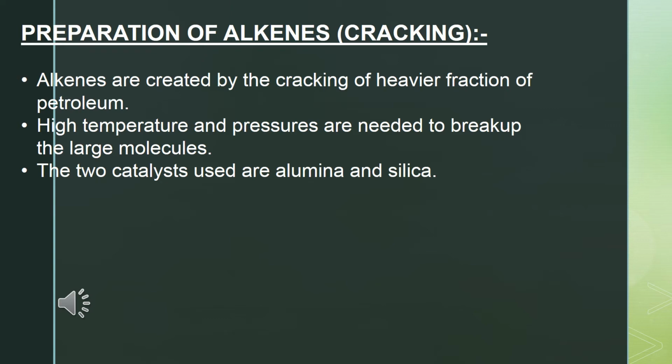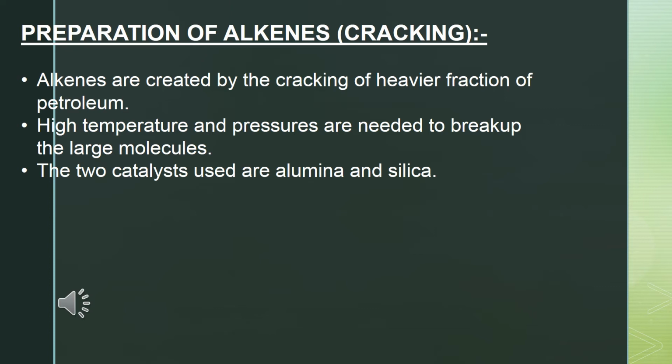In this process, 2 catalysts are also used, which are alumina and silica. The function of the catalyst is just to speed up the reaction. Catalysts are not consumed in the process, and they can be recovered at the end of the process.